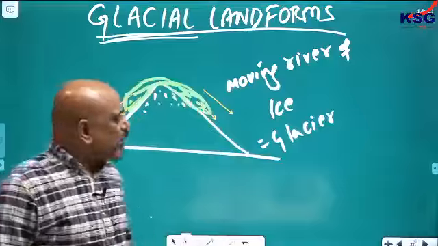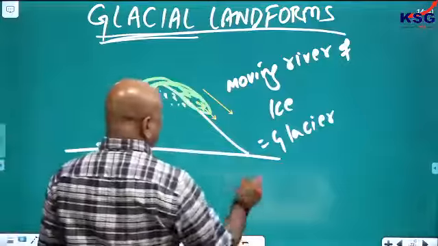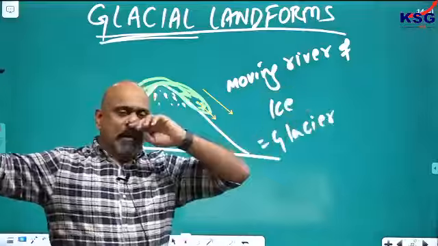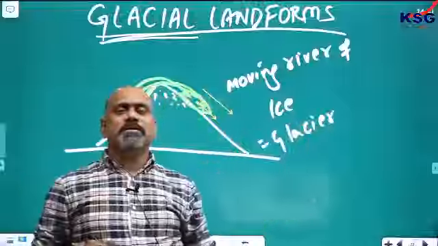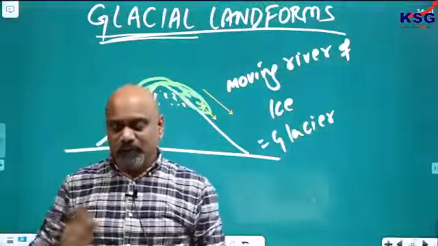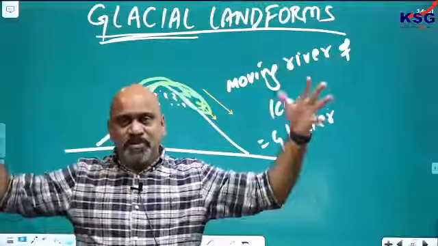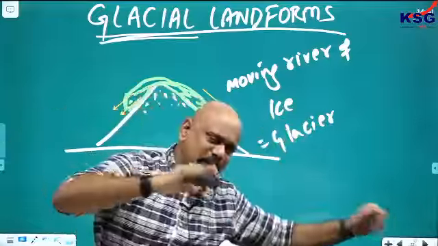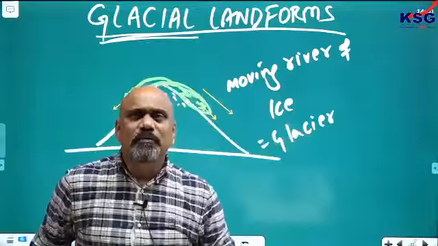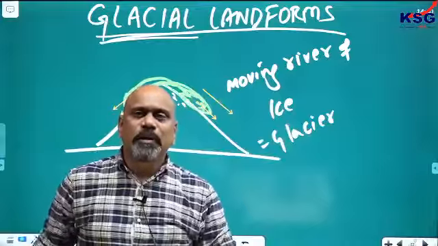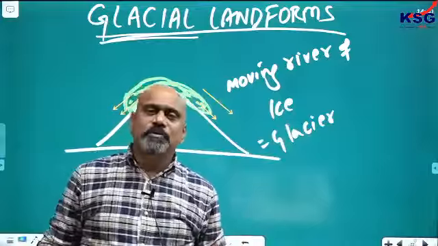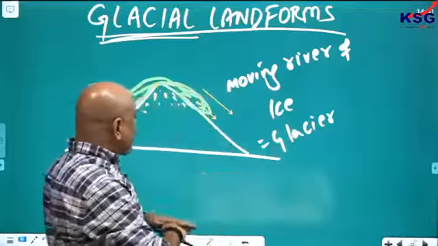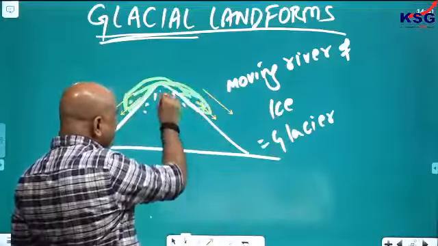Glaciers are moving rivers of ice. A huge body of ice gradually glides or moves in different directions based on the slope of a region. This happens because of weight, and usually below there is a temperature increase, so it tries to glide.